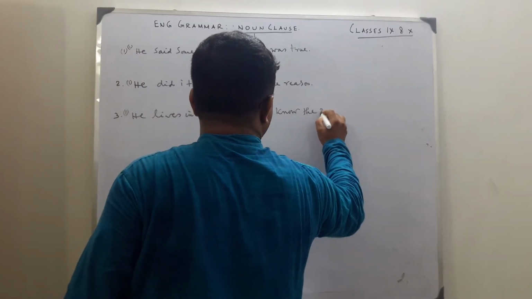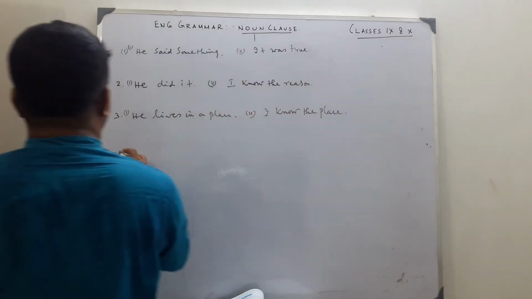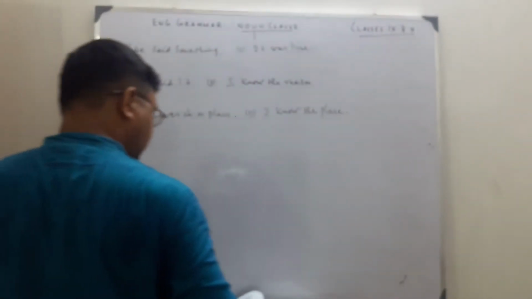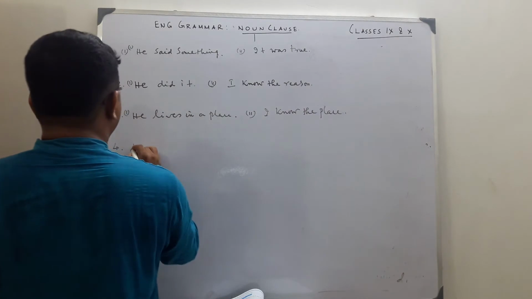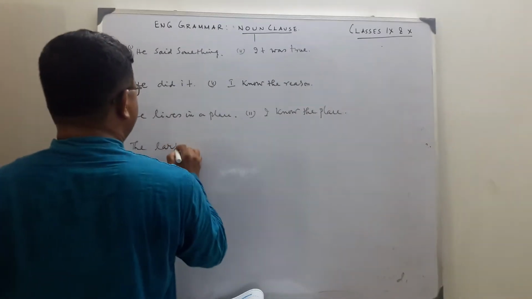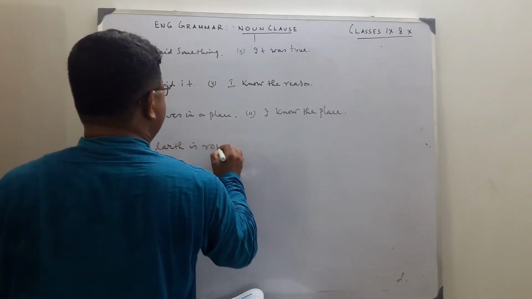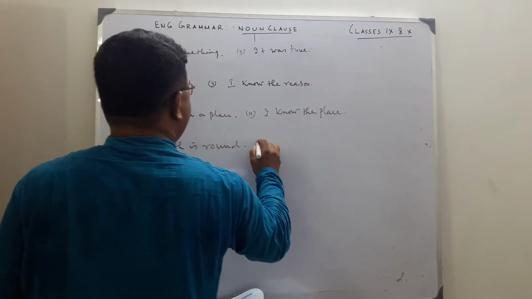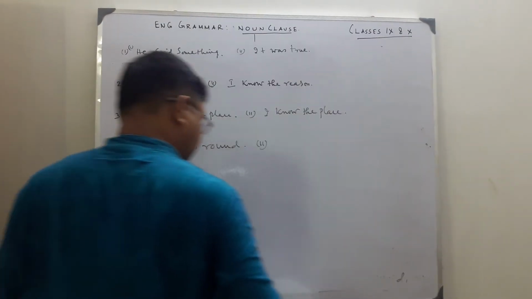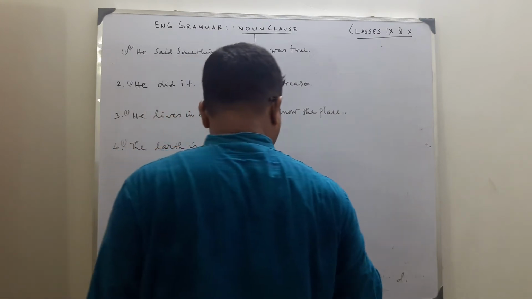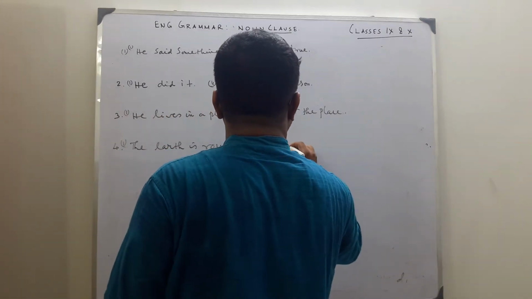Next, number 4, the earth is round. Second part, scientists have proved it.